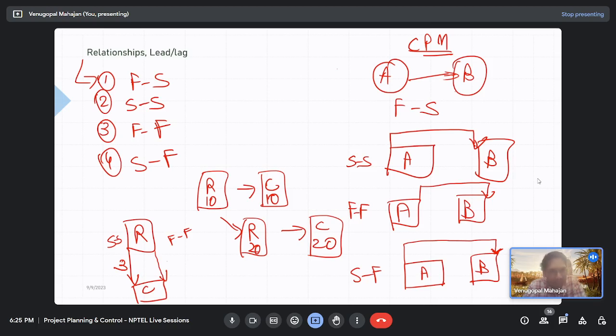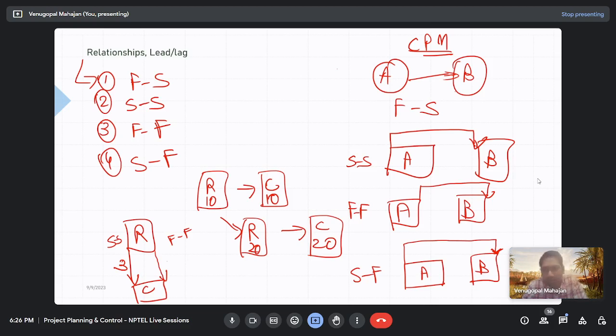The dismantling of the generator, that activity can only finish once the power transmission through electric lines has already started. So this kind of start to finish relationship you will find in handovers or decommissioning.